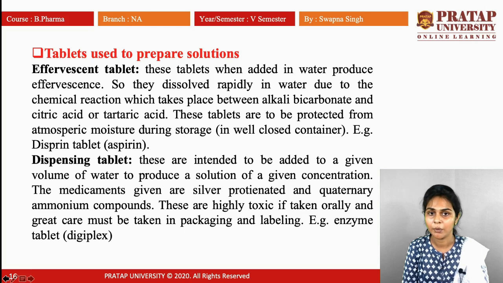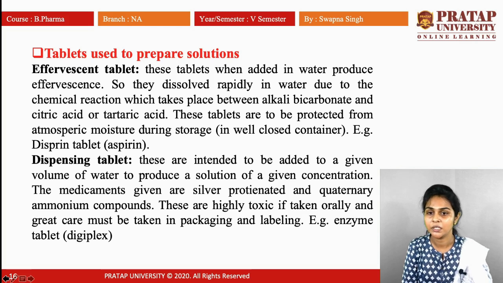They dissolve rapidly in water due to the chemical reaction between alkali bicarbonate and citric acid or tartaric acid. So these tablets are to be protected from atmospheric moisture during storage. They should be stored in a well closed container. For example, aspirin or Disprin tablets.